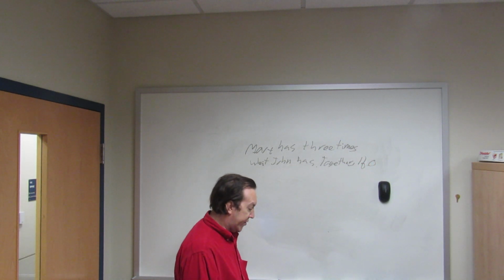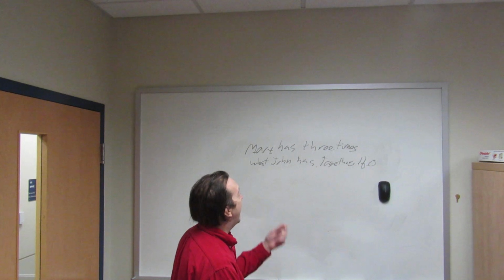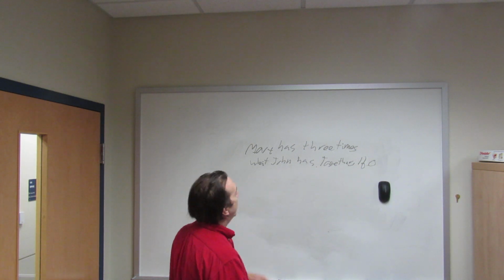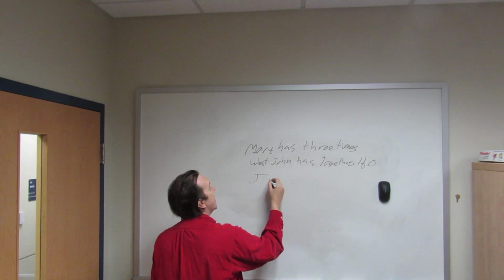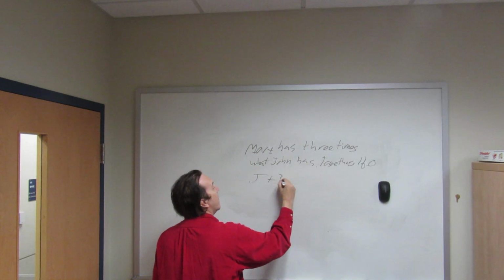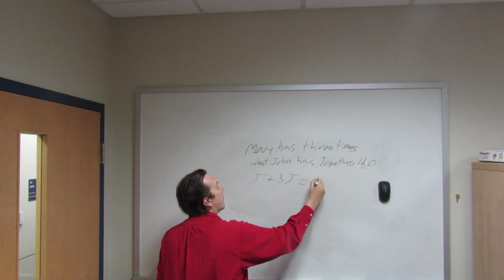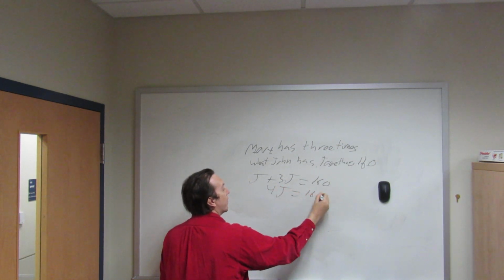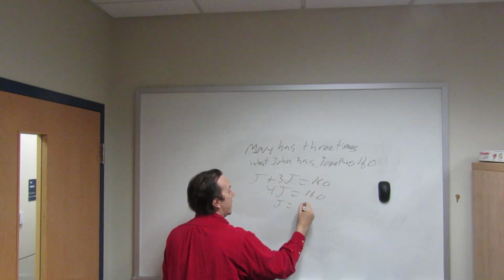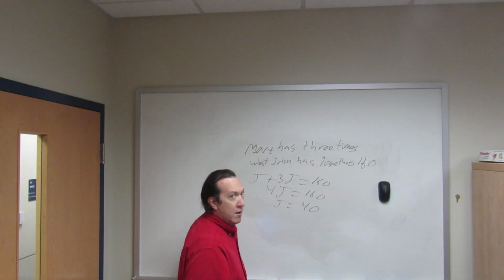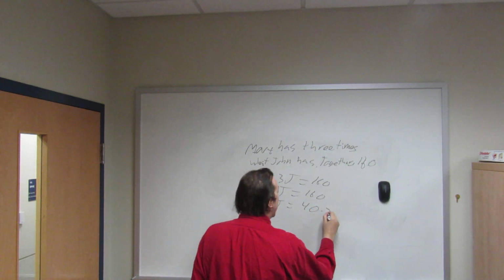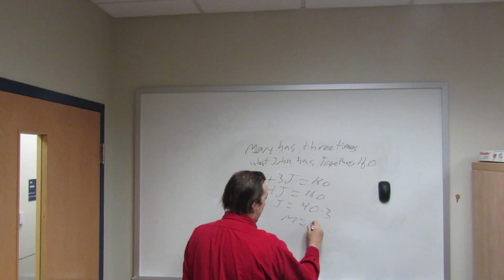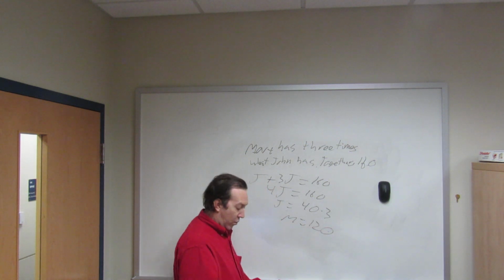How many does each of them have? So we know that John, we don't know what he has, so John plus 3 John equals 160. So 4 John equals 160. John equals 40. Multiply that times 3, and Mary has 120.